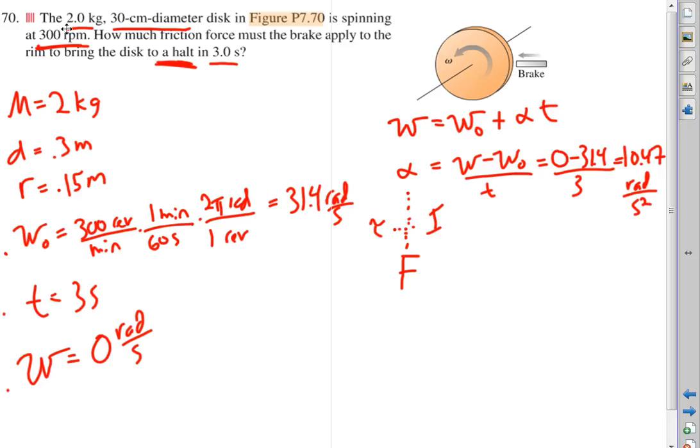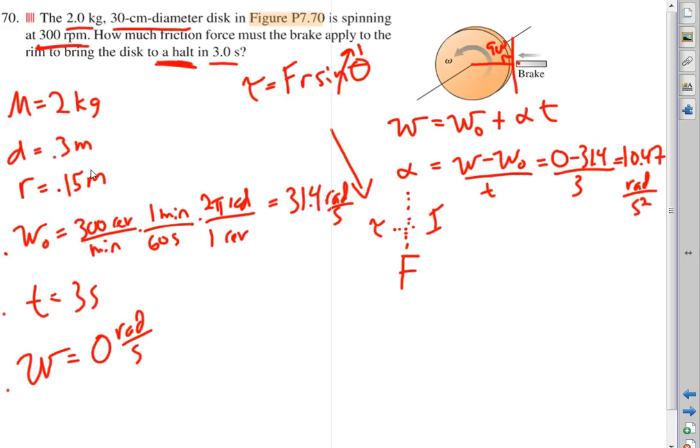So we'll write down some formulas that relate these different concepts together. First off, the torque is equal to F r sine theta. That's just the go-to definition we had for torque. That angle, theta, is going to be 90 degrees, so that's nice. This term turns into 1. So the torque that is applied by the brake is the force times the radius.